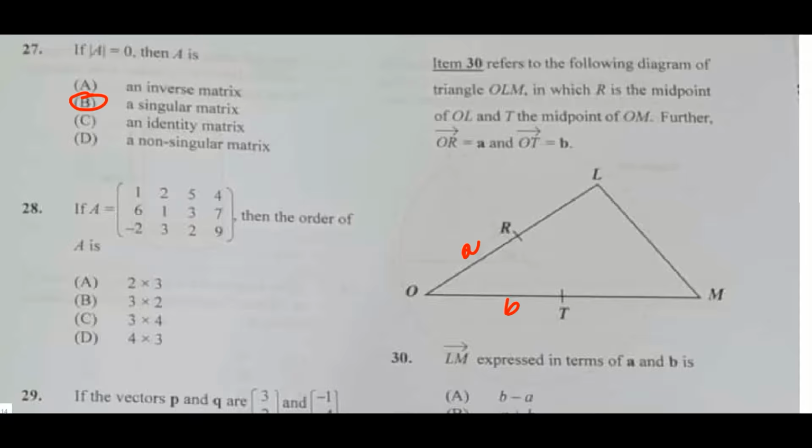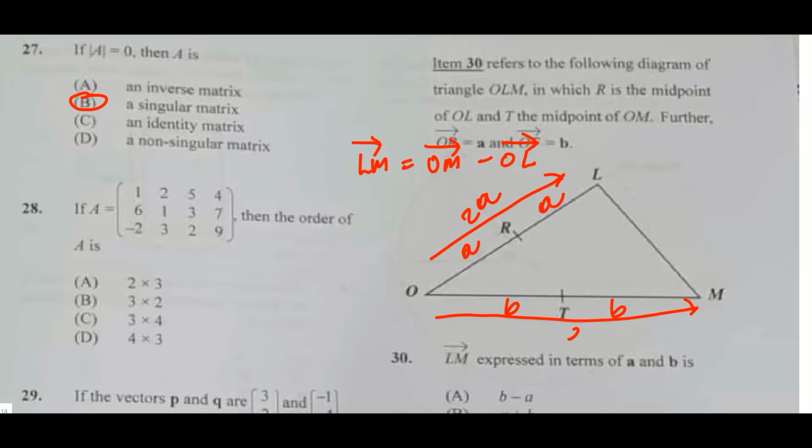So basically find LM. So we know that LM is equal to OM minus OL. Alright? So we know that if R is the midpoint of OL, it means that RL is also A, and if T is the midpoint of OM, it means that TM is also B. So the vector from O to L is 2A, and the vector from O to M is 2B.